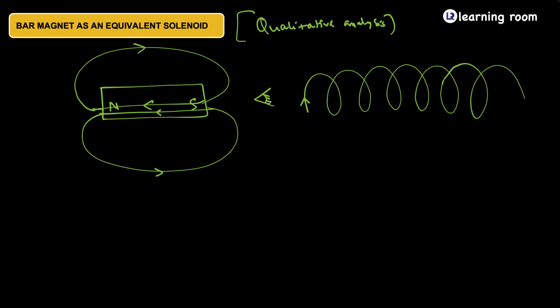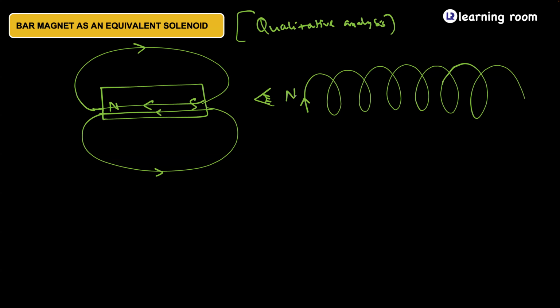When you see it from this side, it is in the anti-clockwise direction. So anti-clockwise current will act as the north pole.